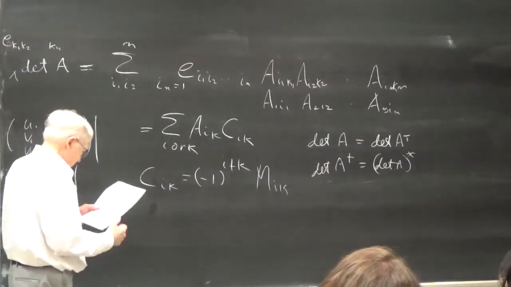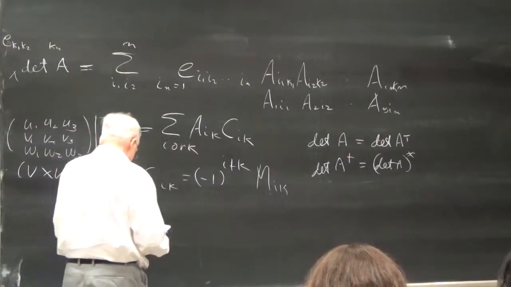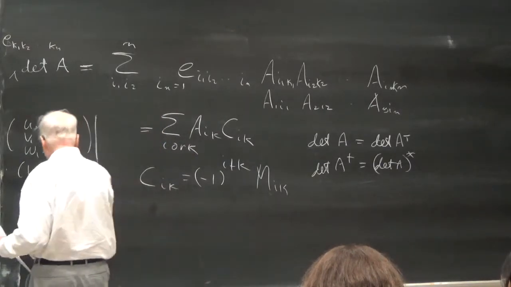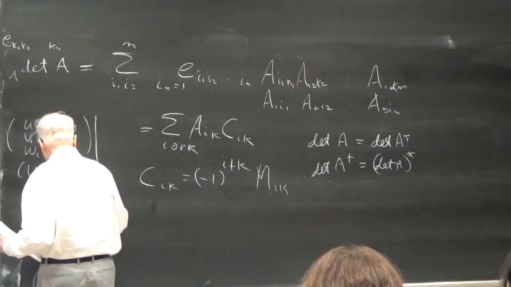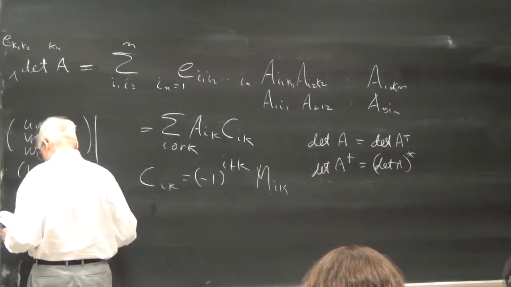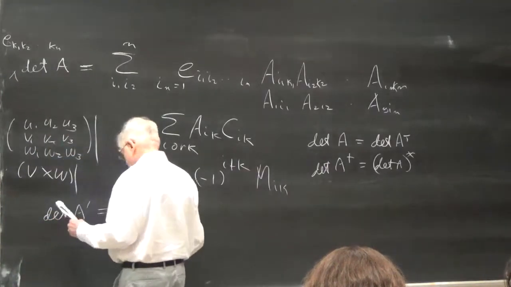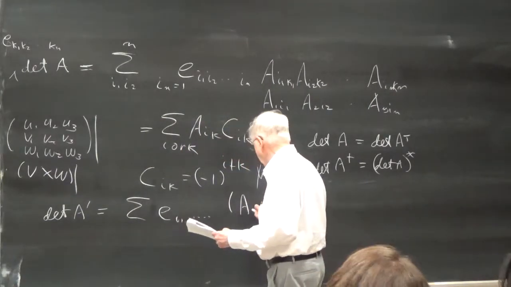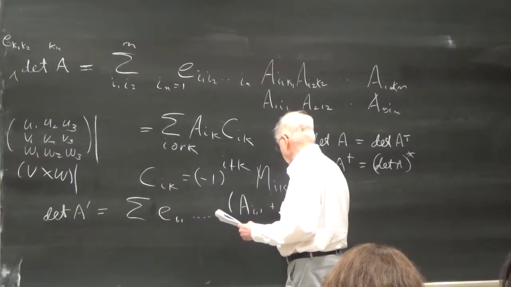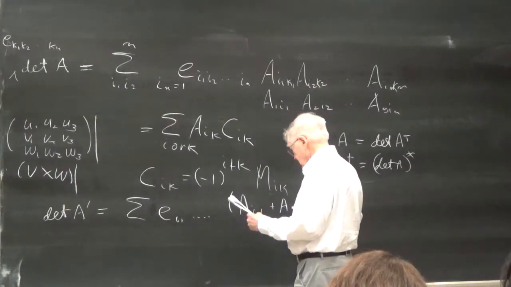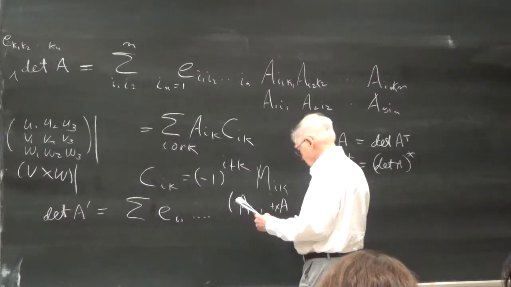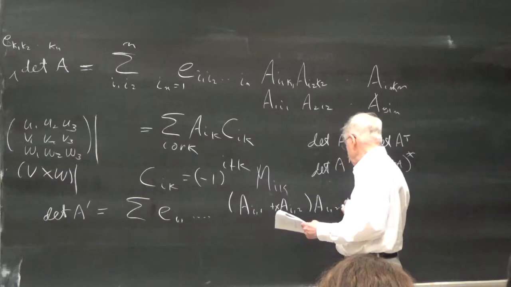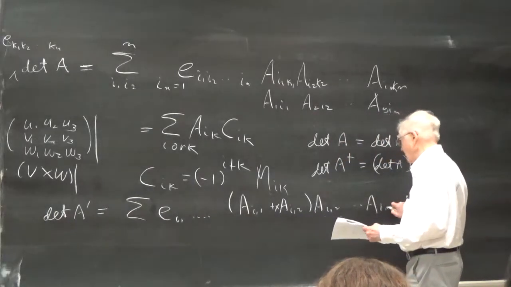All right, if some of you didn't have it, let's think about it. First of all, suppose you add, let's do the term: epsilon I1 and so on, A I1 1 plus X, an arbitrary number, times A I1 2, then A I2 2, and so on up to A In n.